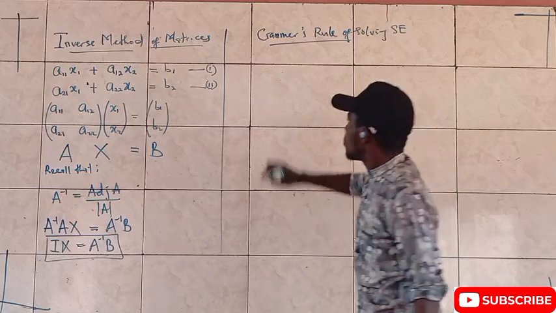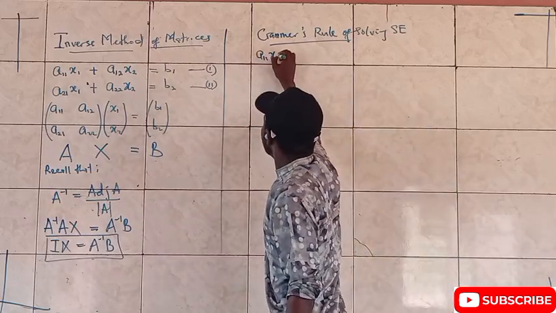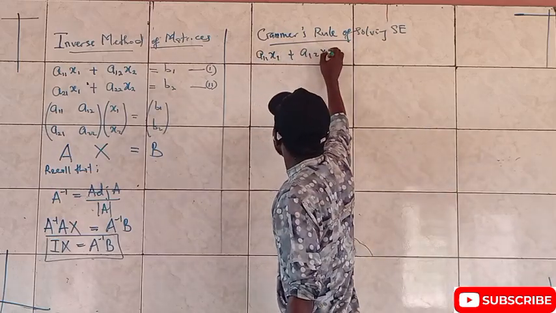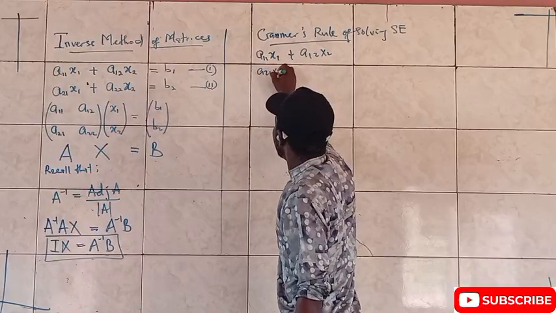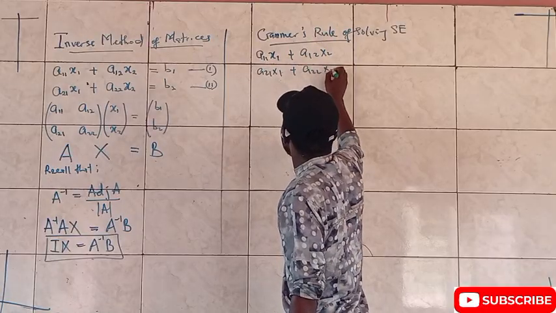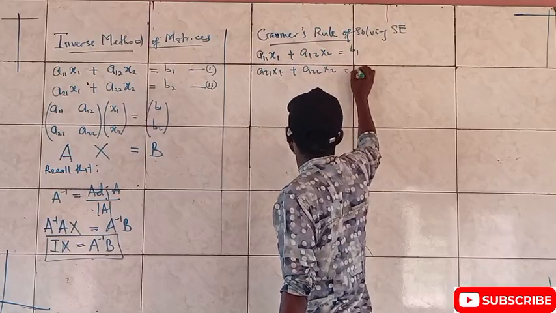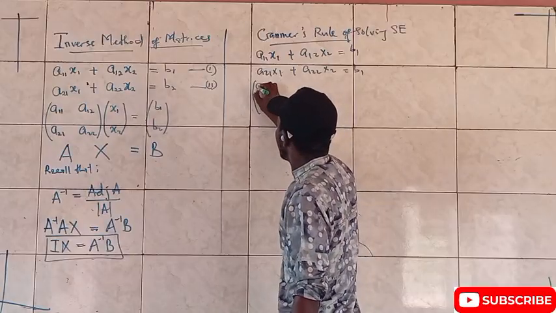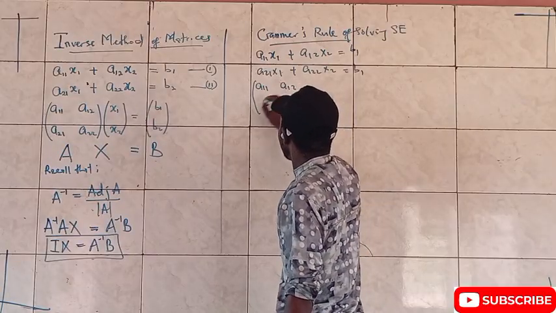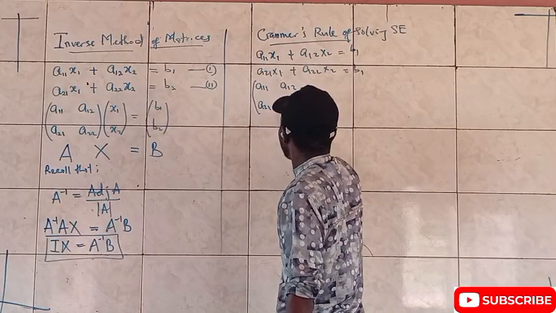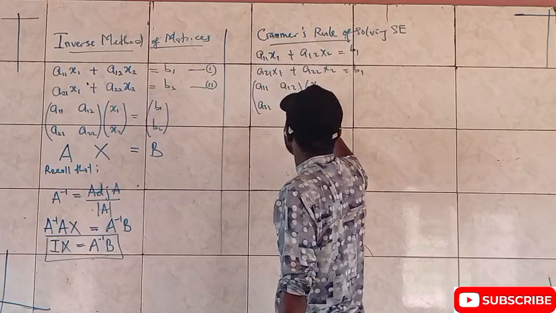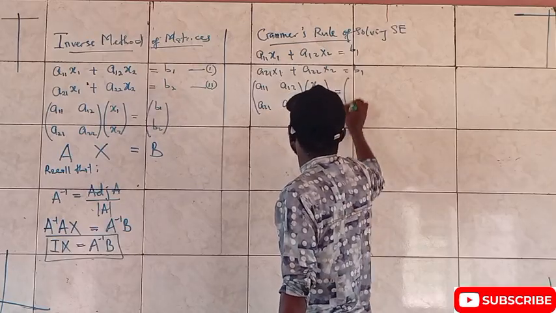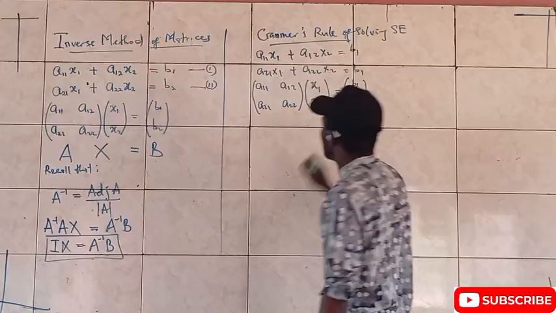So the same system of equations: a11 x1 plus a12 x2, a21 x1 plus a22 x2, equals b1 and b2. Crop out the coefficients a11, a12, a21, a22, then x1, x2, then b1, b2.